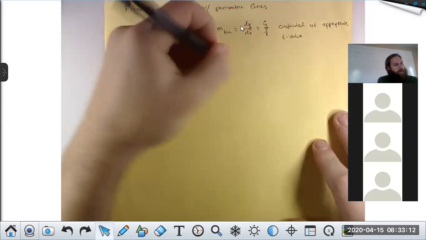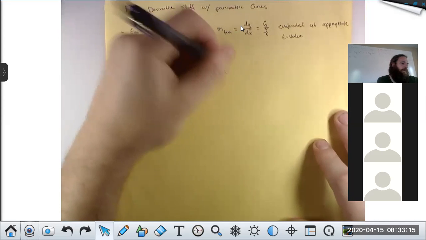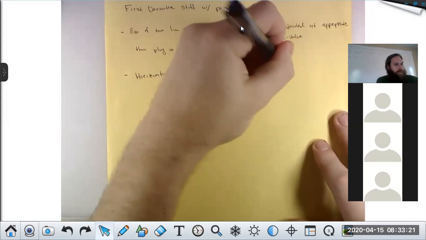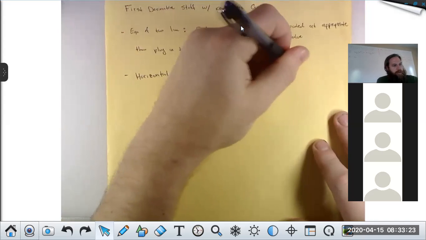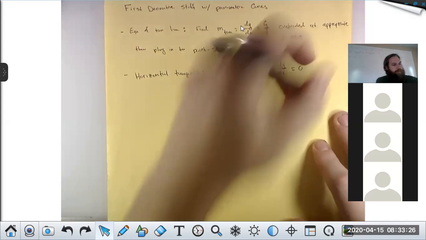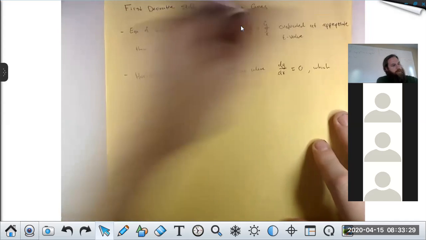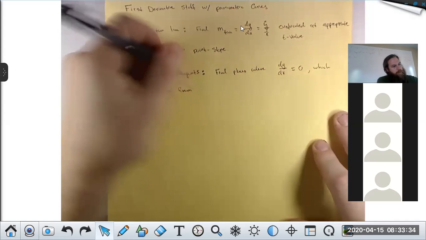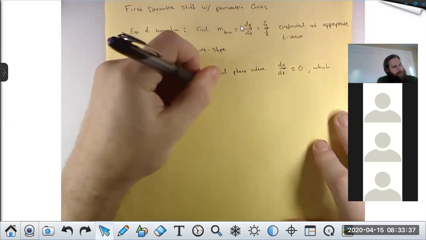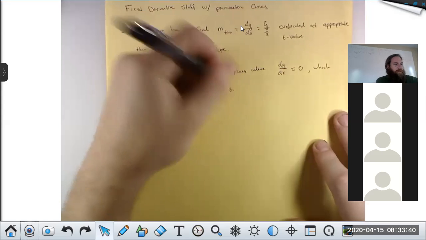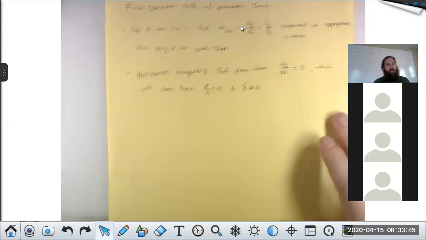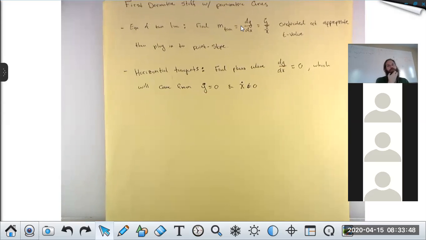To find horizontal tangents, find places where dy/dx is equal to 0, which will come from y dot equaling 0 and x dot being non-zero, right? If I want y dot over x dot to be equal to 0, that means I need the top to be 0, but I need the bottom to not be 0.